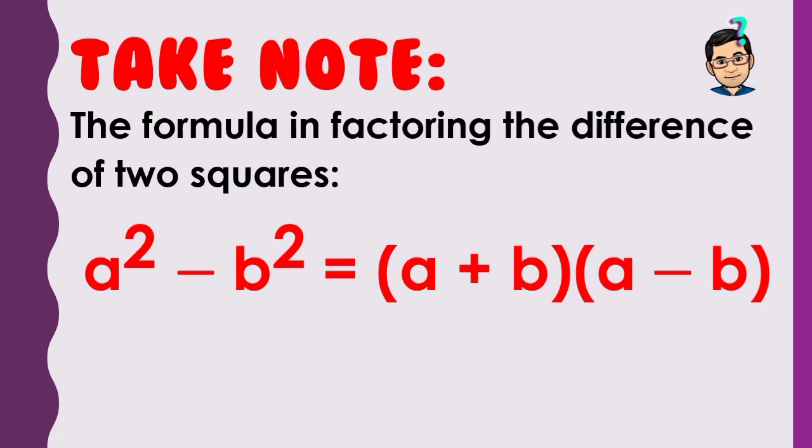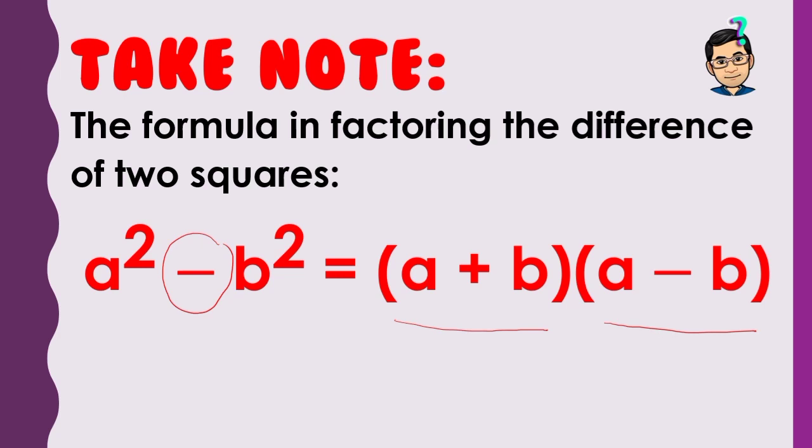So, dahil ang pinag-uusapan natin dito is difference, kung makikita nyo, yung operation dito sa gitna ng a squared and b squared is negative. So, difference, minus lang. Wala po kayong makikitang plus. And then, kapag finactor natin ang a squared minus b squared, ito ang lilitaw. Ito yung sum, ito yung difference.